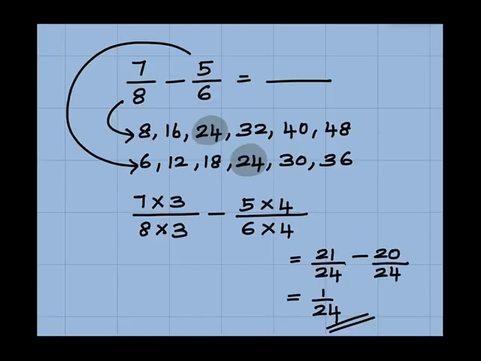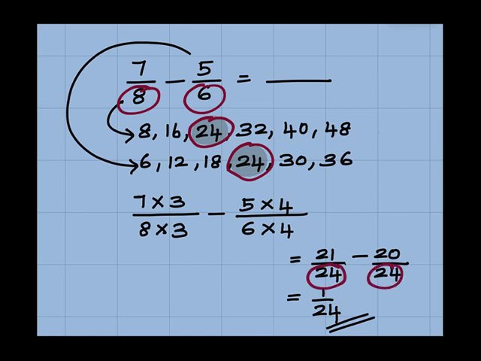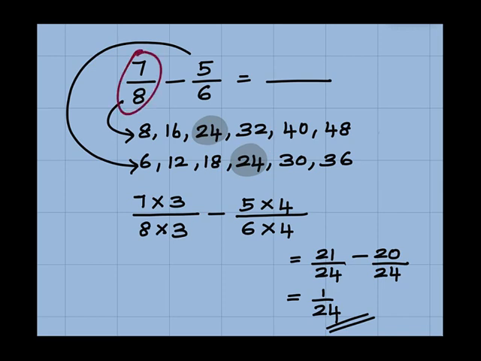Here, the next problem, we need to subtract. So we need like units, like we have already seen. I wrote all the multiples for 8 and I wrote all the multiples of 6. And I found the least common multiple in both, which is 24. So the denominator has to be 24. To get 24, we need to multiply the fraction by the position.